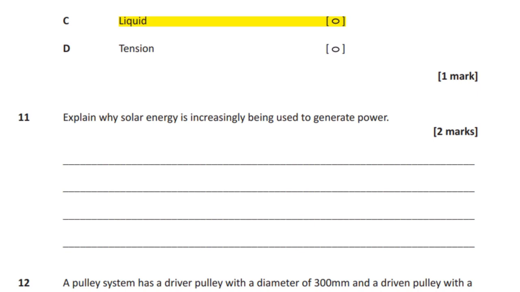Okay, now explain why solar energy is increasingly being used to generate power. So let's type that up now. So we get the typewriter. Okay, and let's try and type in. So the first reason would be to reduce reliance on fossil fuels. The next one would be leading to less carbon emissions.